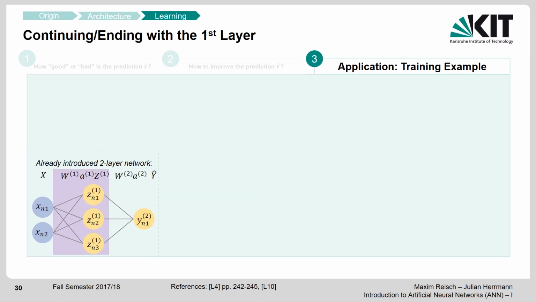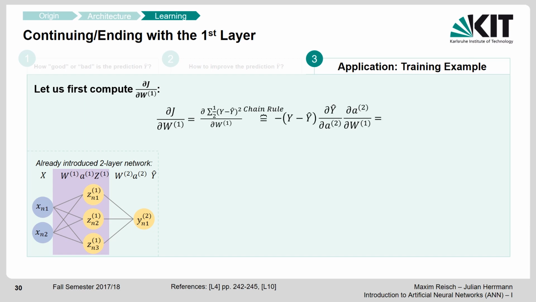Now we need to compute the final term, dJ/dW1. We use the same approach as before. First of all, we compute the derivative through the final layer. First dJ/dŷ, and then dŷ/da2. Now we need to take the derivative across our synapses.